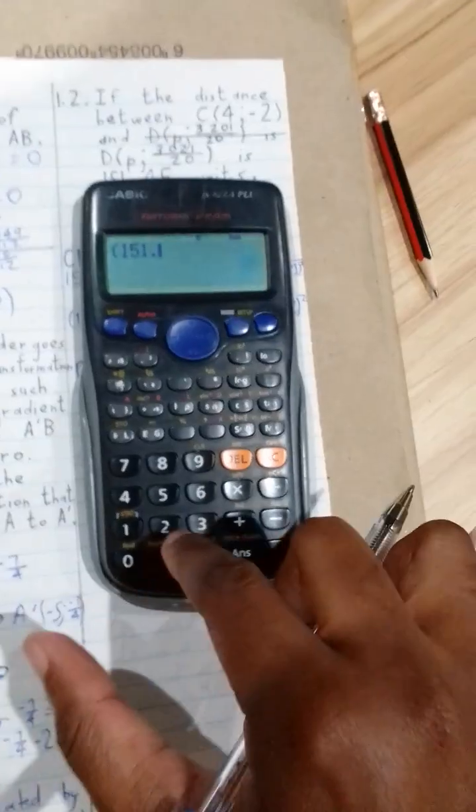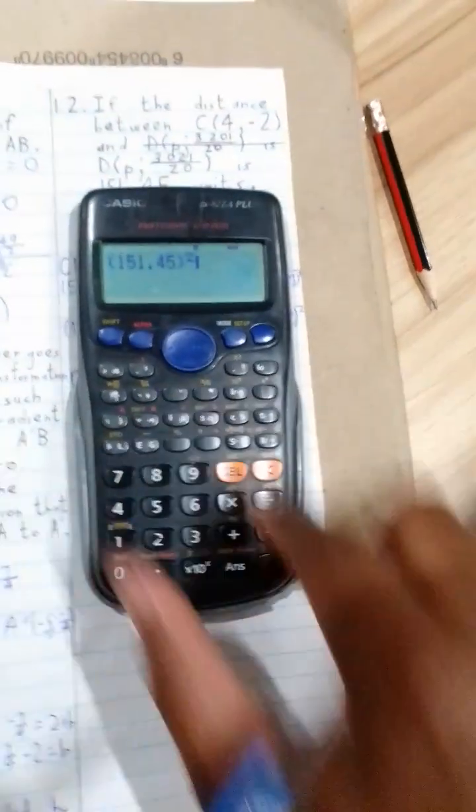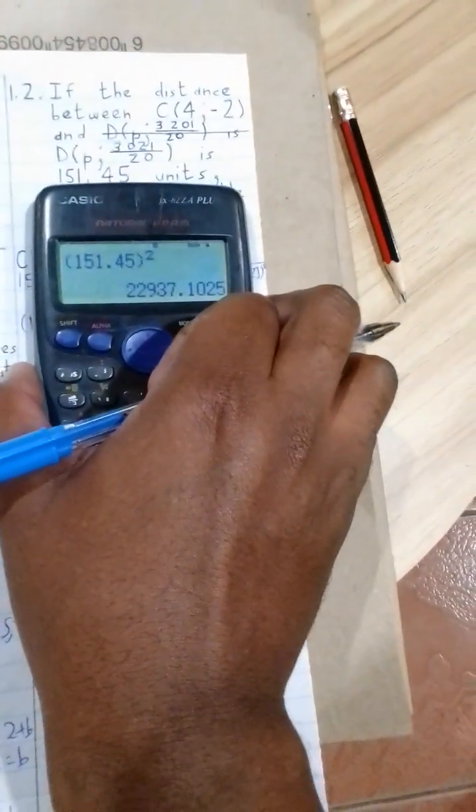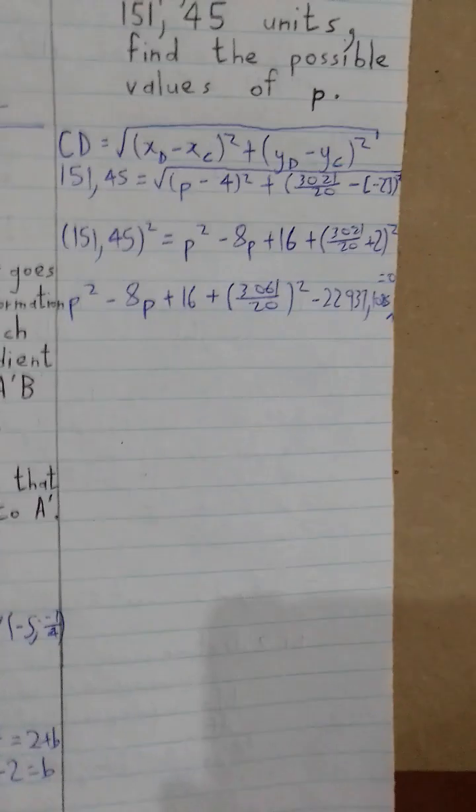So 151,45. Wow. So minus 22937,1025 is equal to 0. Okay, maybe I should have just simplified it.